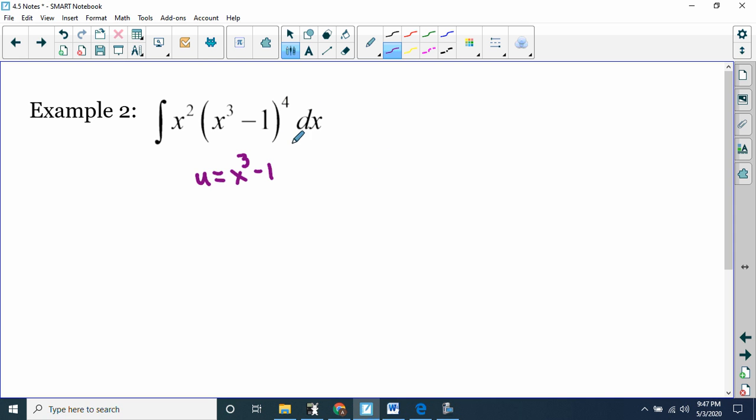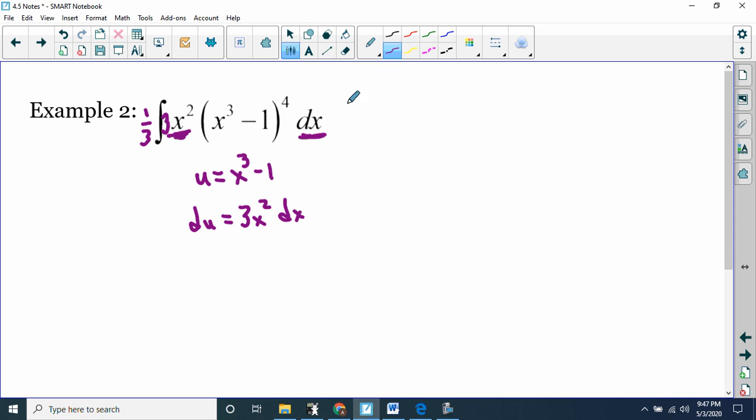I need to change that dx to a du. I do that by taking the derivative. du equals 3x squared times dx. So to change to du, I need 3x squared dx. Well, I have x squared times dx. So I'm going to multiply by 3, which I'm allowed to do as long as I also multiply by 1/3.